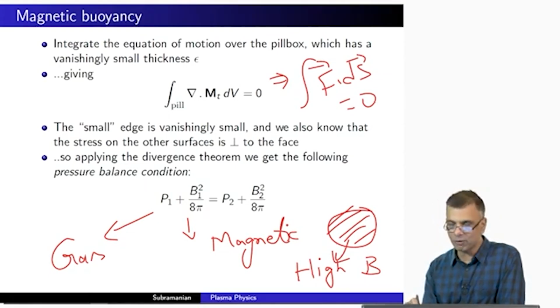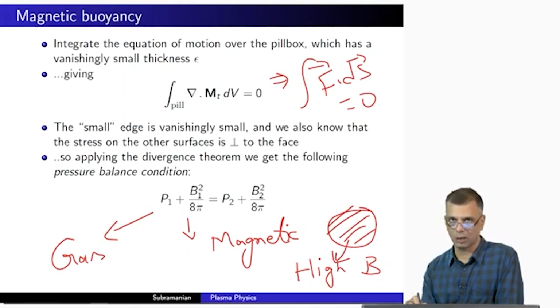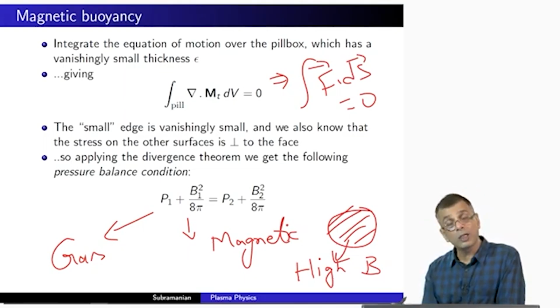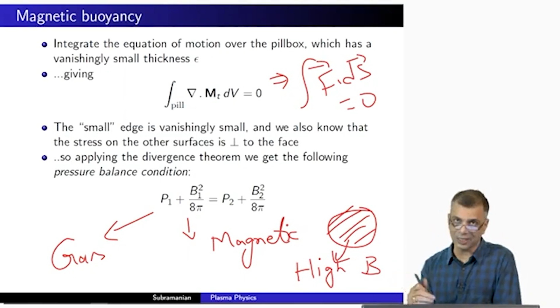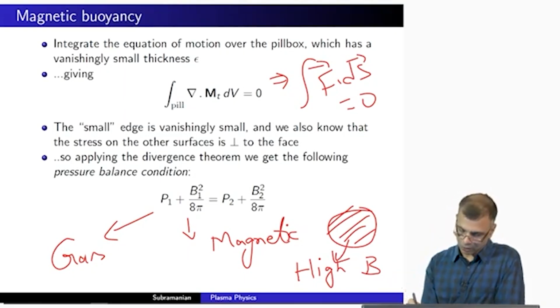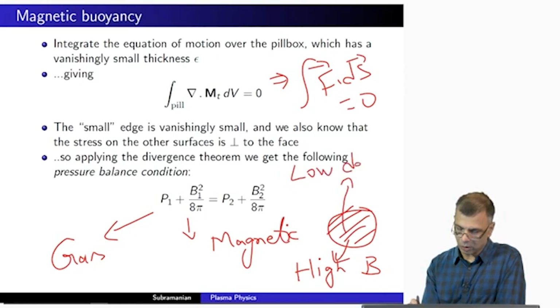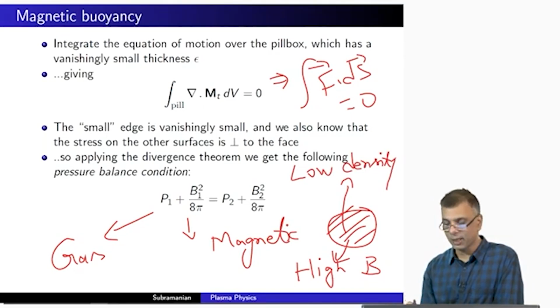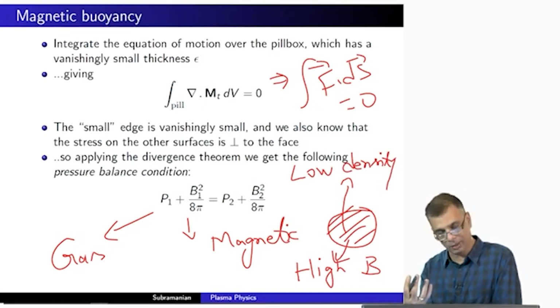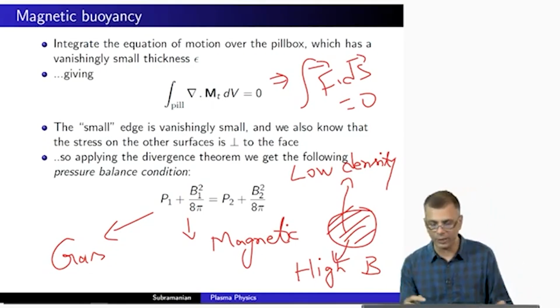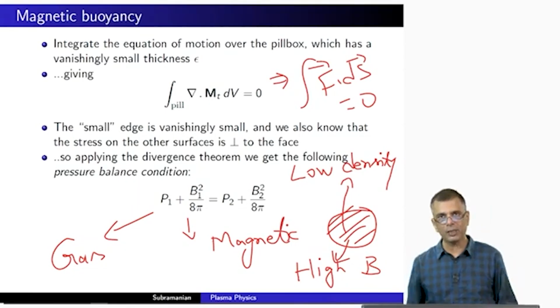Inside you have high magnetic fields, therefore you have to have low gas pressure. What's one way of having low gas pressure? Having low density. So high B also means low density. So in this volume, which I say is a flux tube, with high magnetic fields, because of the high magnetic fields you have low gas density.